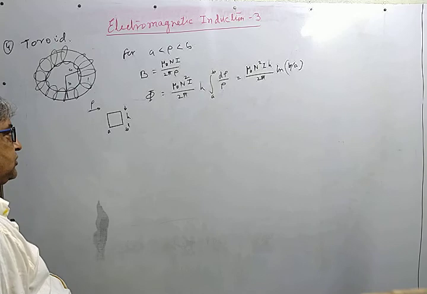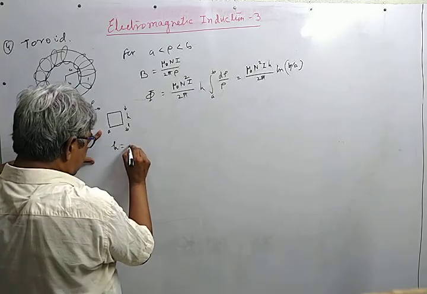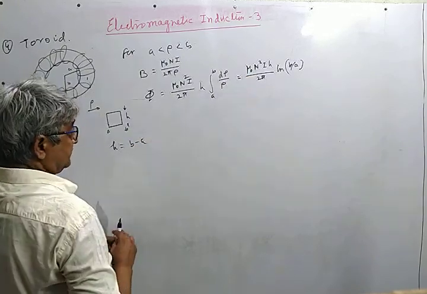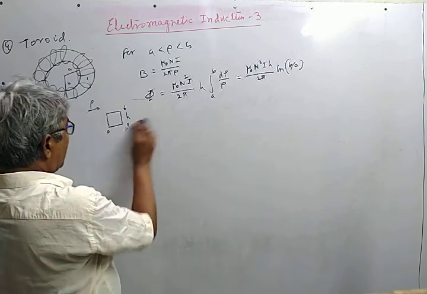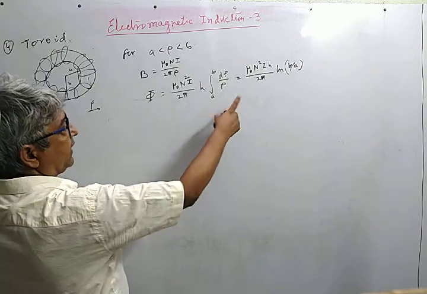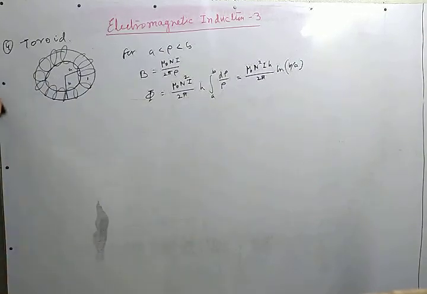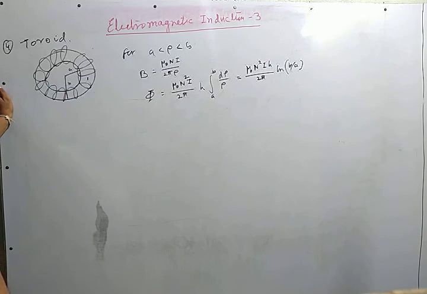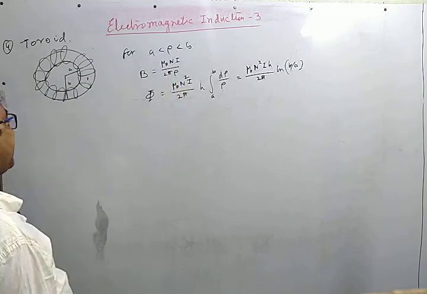If the cross section happens to be square, then a special advantage is obtained: h is equal to B minus A. Then h will be replaced as for a rectangular cross section, and we can get L by dividing phi by I. Another thing happens when the cross-sectional area is circular: if we consider the variation of the field along the length, the calculation becomes tough.